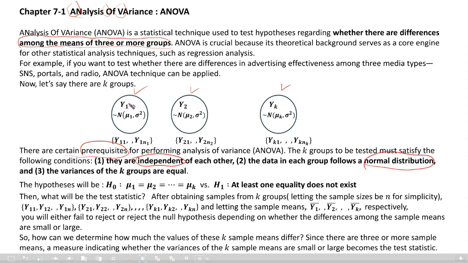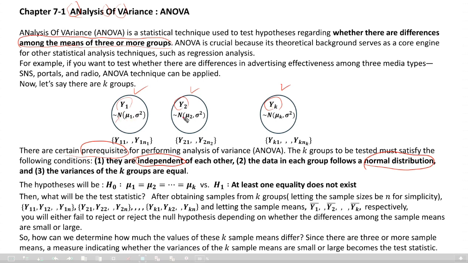I will denote random variables as y instead of x because it is related to regression analysis. y1, first group, y2, second group, yk, kth group. And it follows a normal distribution with mean mu1, variance sigma square.